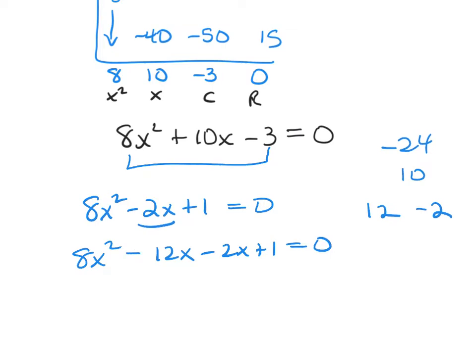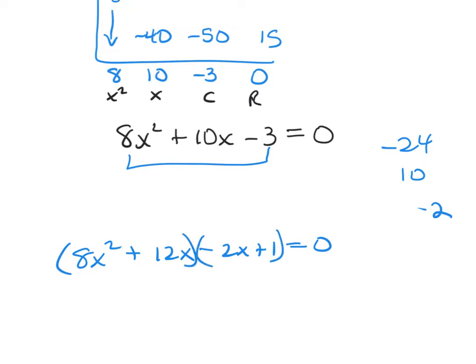Let's make this a negative 12, positive 10. Right? No. Sorry, I was right to begin with. So plus and minus. Fix this. All right, so now I need to factor by grouping.